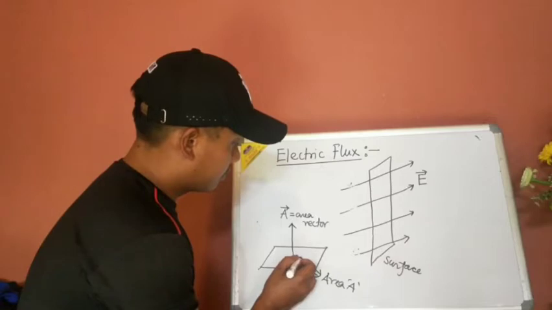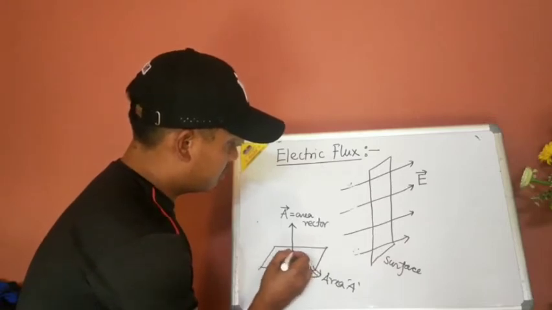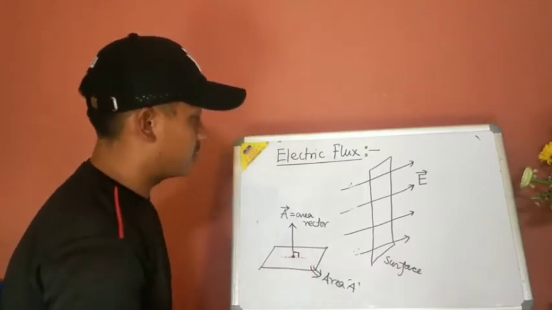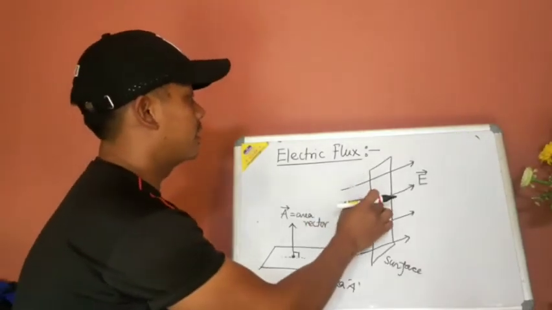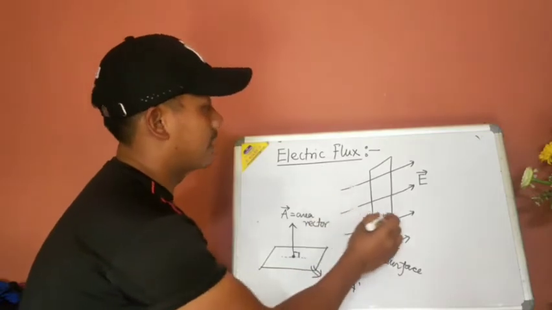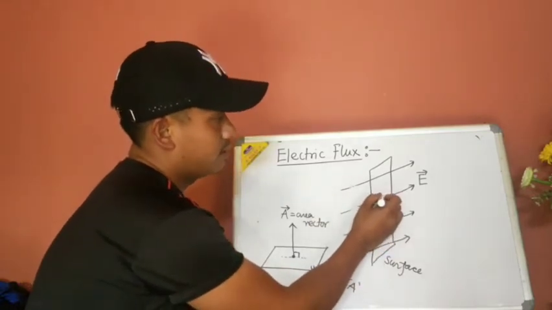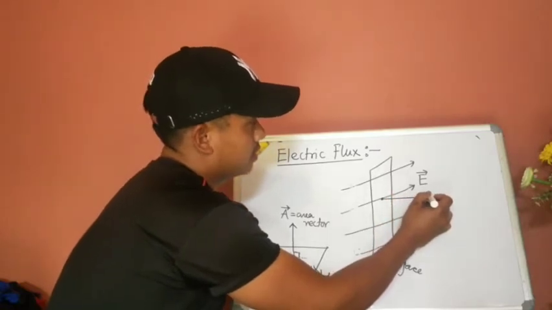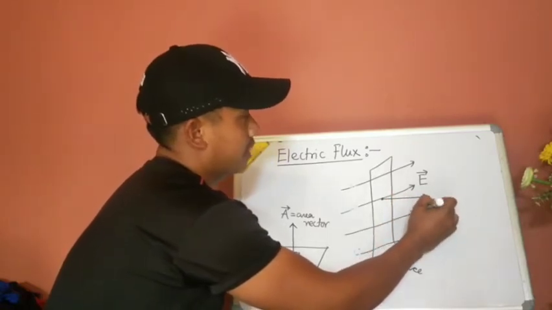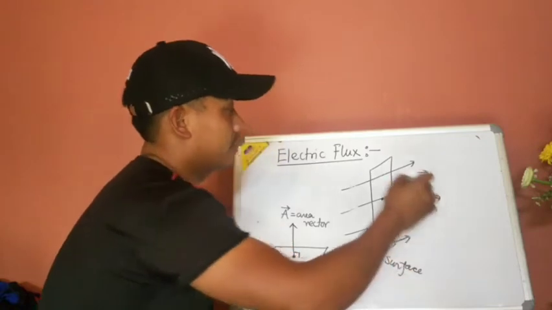Similarly, in our definition of electric flux, at this point you can draw an area vector like this. This is called the area vector, A vector.